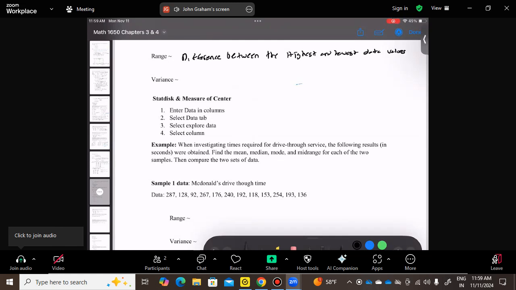And then the measure of variance is a measure of how much the data values are spread out.